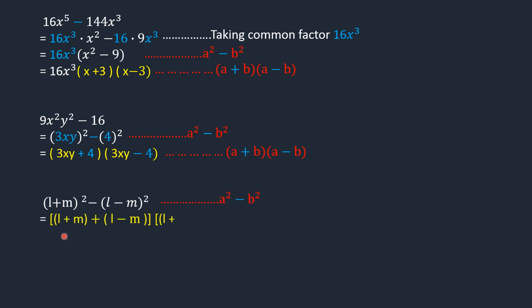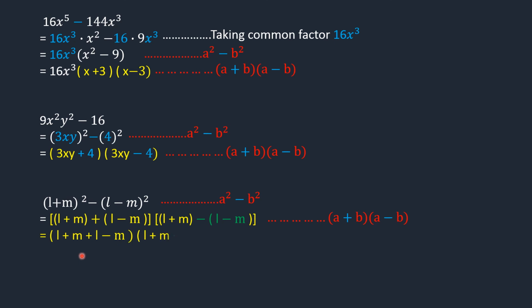We will write their factors as l plus m plus l minus m, whole, multiplied by again l plus m minus l minus m, according to a plus b multiplied by a minus b.